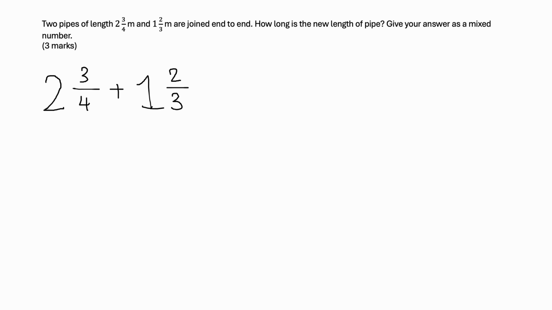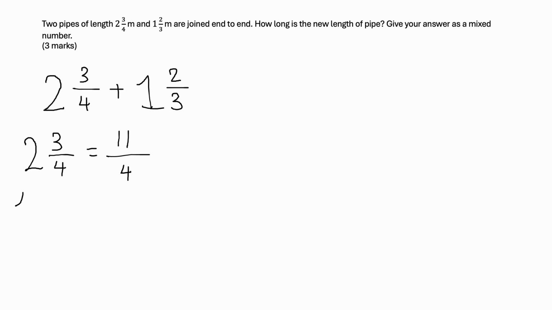So what we do here, these two are in mixed numbers, so we have to convert them into improper fractions. So to convert to improper fractions, what we do is we do the denominator times by the big number here, so 4 times by 2, which is 8, and then we add 3, which is 11. So the 11 will go to the top, so it'll be 11 over 4.